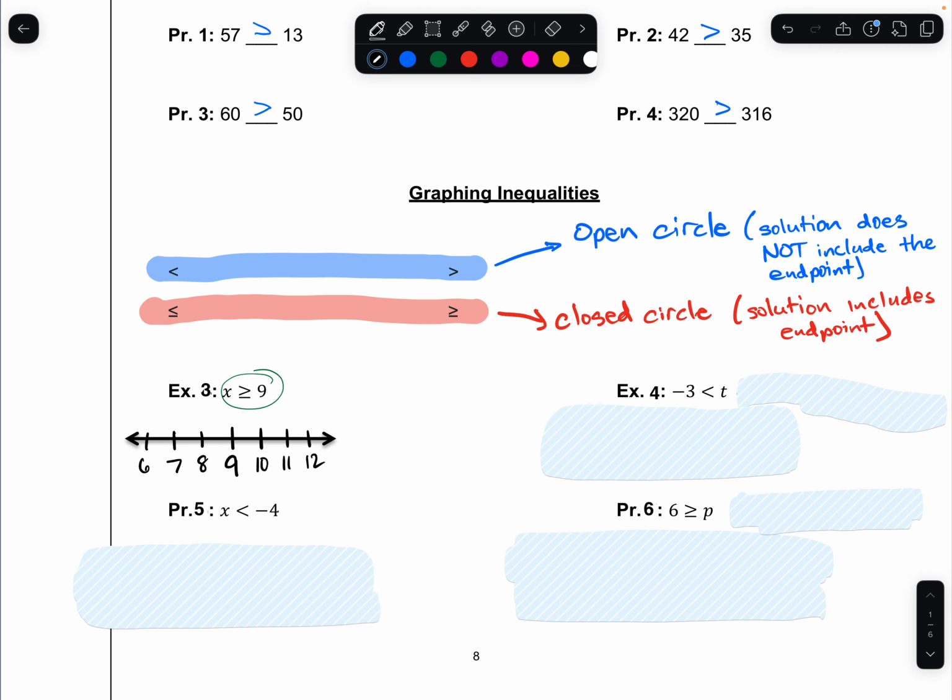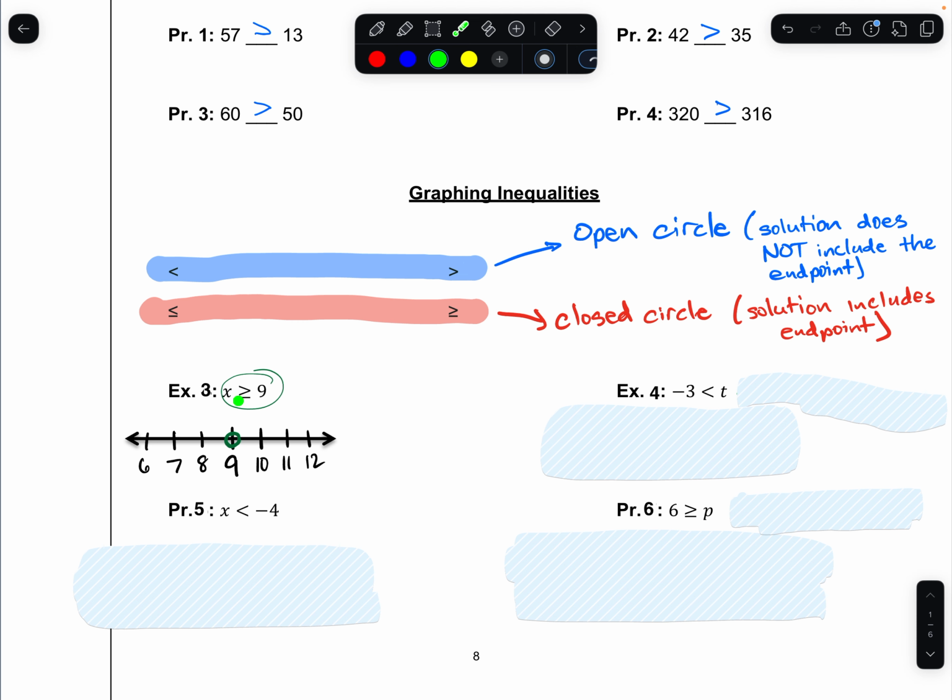Okay, so we can draw our solution to this inequality now. We're comparing X to the number 9, so we're going to put a point on the number 9. Now this circle, this point, could be open or it could be closed, depending on whether or not we have an or equal to line under it. So if it's strictly less than or strictly greater than, then the solution does not include the endpoint.